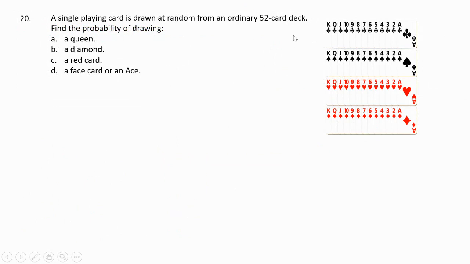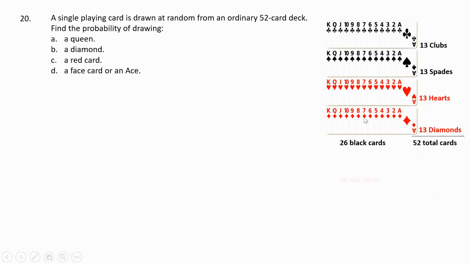So here, there are 13 of each suit. This is called the club suit, the spades, the hearts, and the diamonds. So there are 13 clubs, 13 spades, 13 hearts, and 13 diamonds. That's why there's a total of 52. Now there are 26 black cards, because there are 13 clubs and 13 spades.